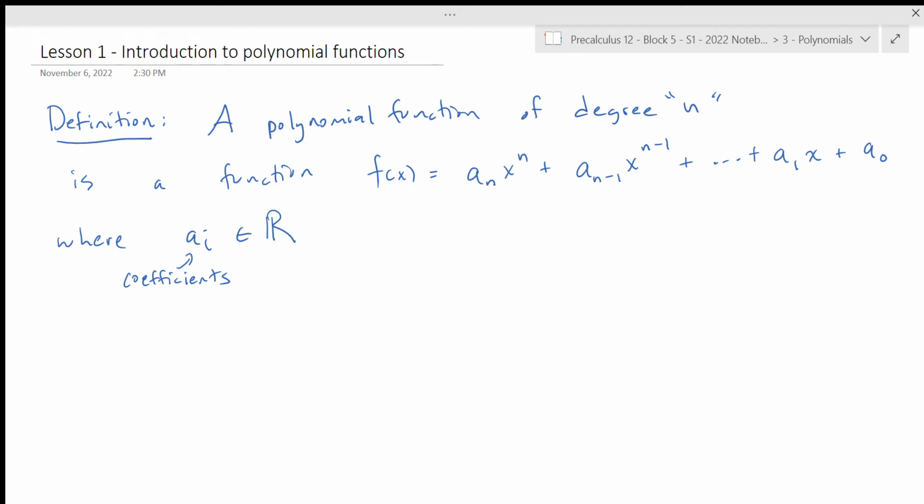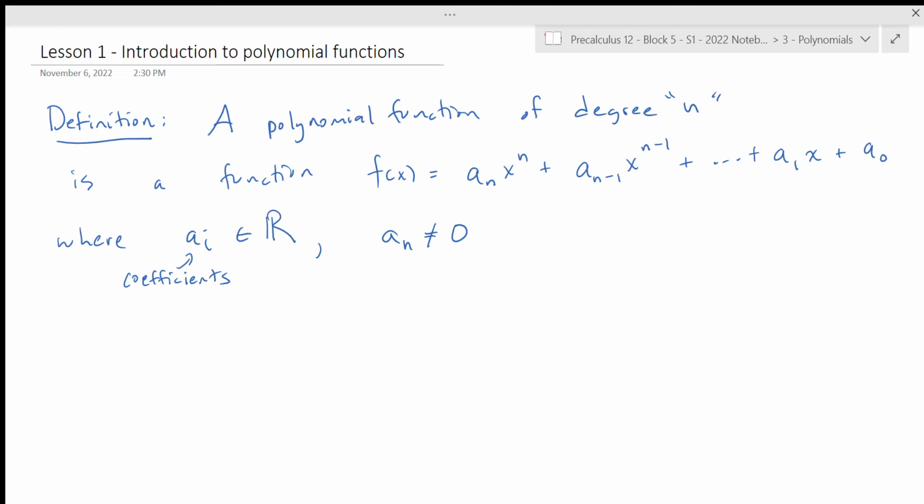So we're just saying that a sub n is some real number, a sub n minus 1 is another real number, could be the same, not necessarily. A1 is a different real number, a naught is a different real number. They could also all be 0, so you don't have to have every single term in a polynomial function. The only key is that a sub n is not equal to 0, because otherwise it wouldn't be degree n, it would be degree n minus 1.